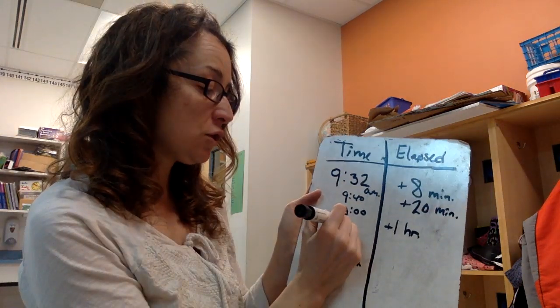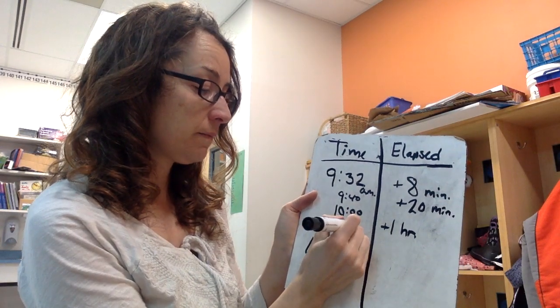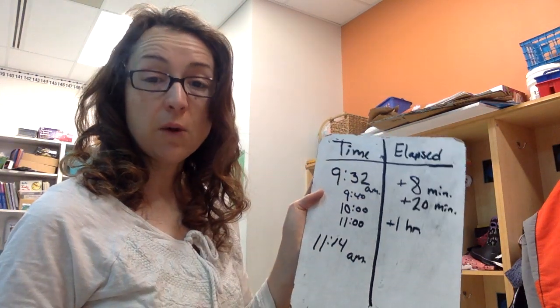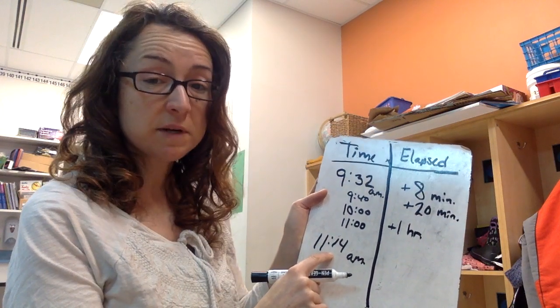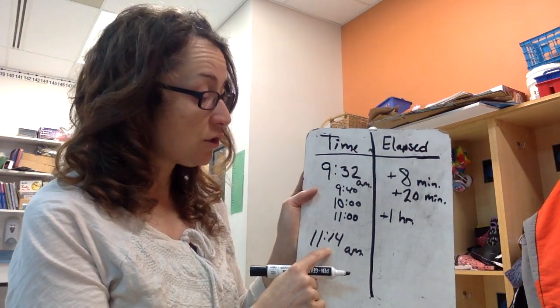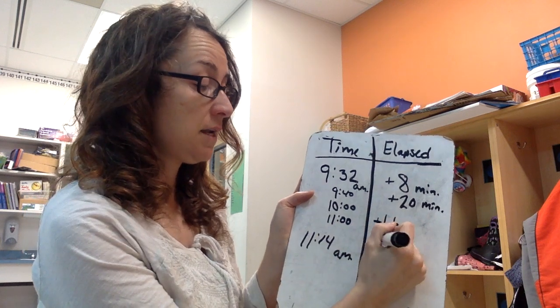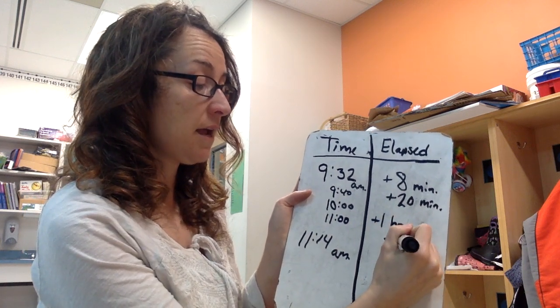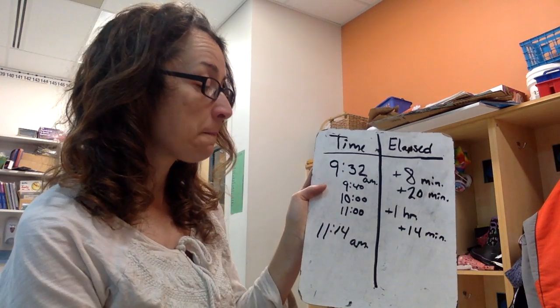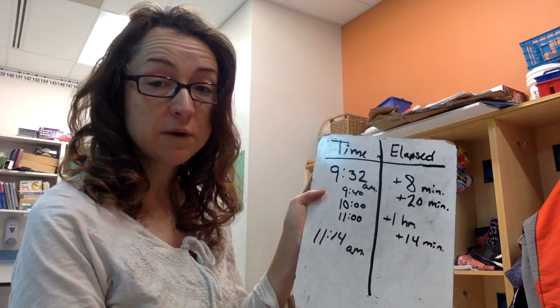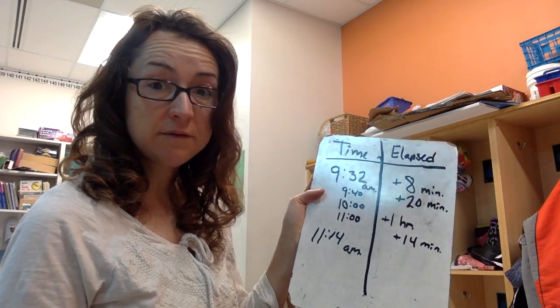So that's going to bring me to 11 o'clock now. Okay, now I'm getting really close. I have 11:14 as my end time. So here's 11. I can confidently say I add 14 minutes to that 11 o'clock, and that's going to bring me to 11:14 a.m. So I've done it.